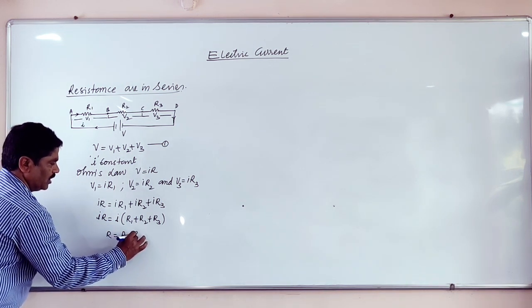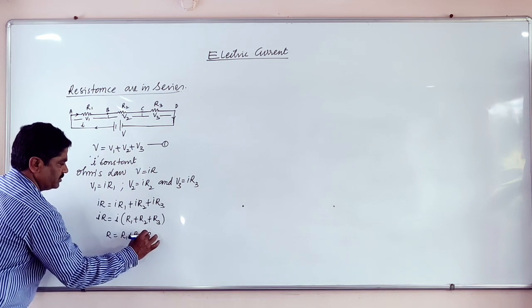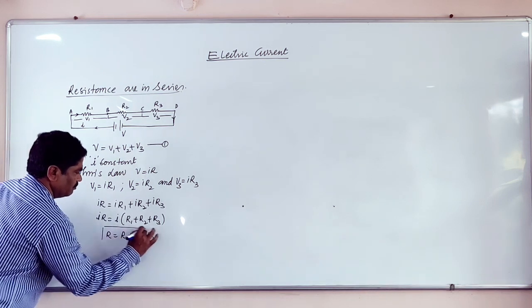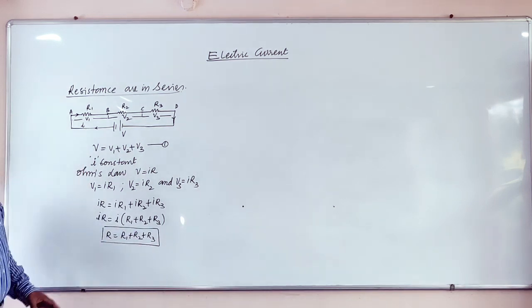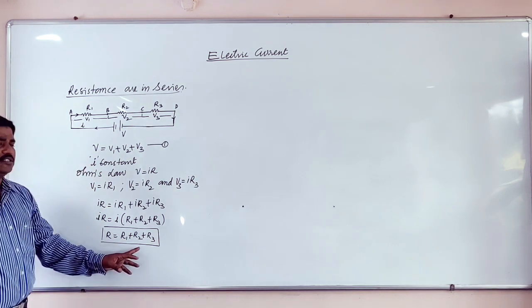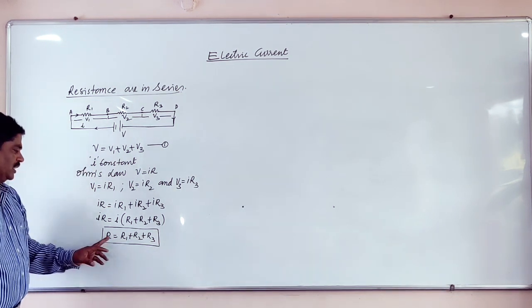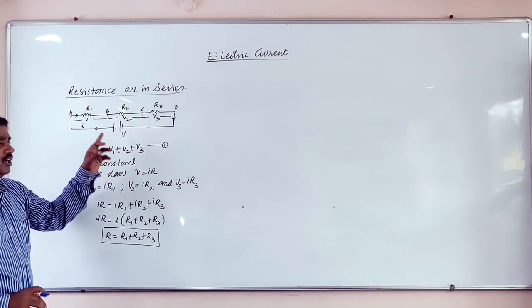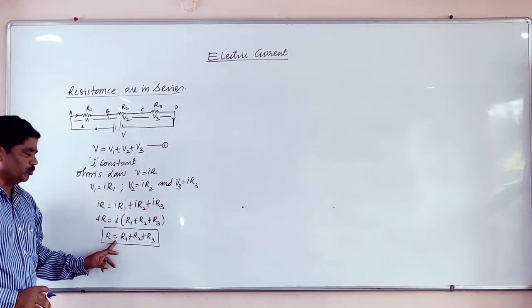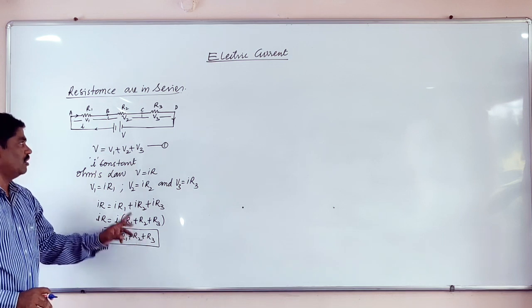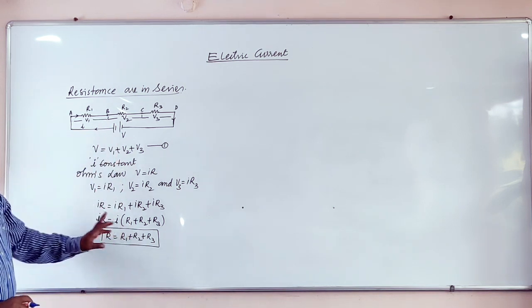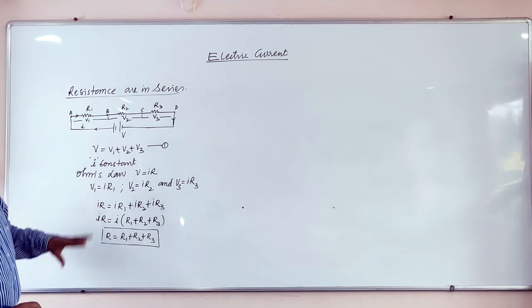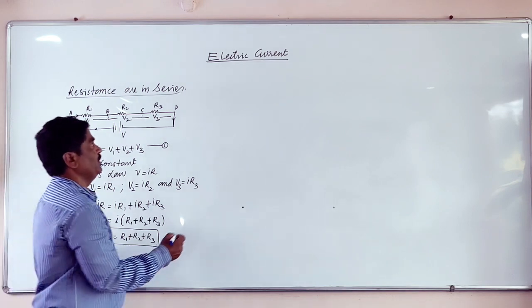R is equal to R1 plus R2 plus R3. When a number of resistances are connected in series, this is nothing but the algebraic sum. The effective or resultant resistance of the total combination is always equal to the sum of all the individual resistances. This is about resistances connected in series.